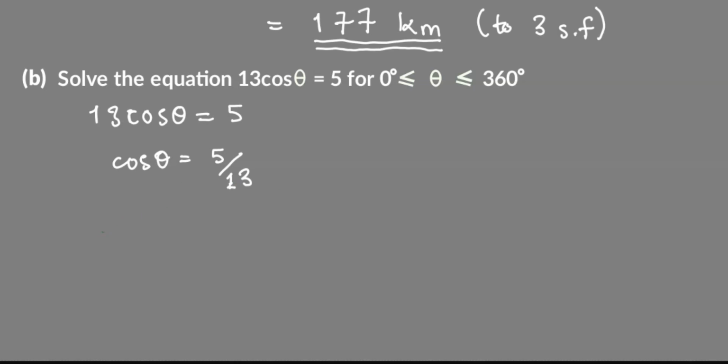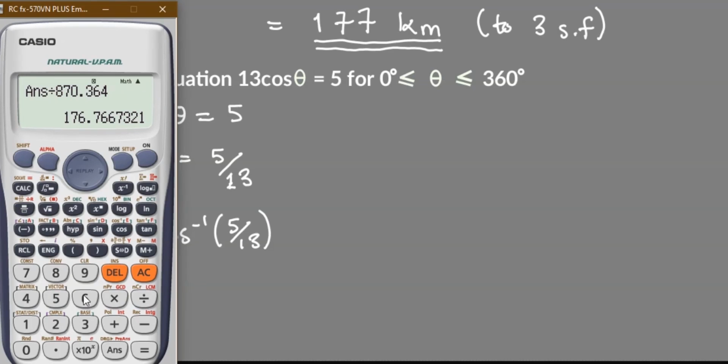Theta is going to be equal to cosine inverse of 5 over 13. We get our calculator, we are finding cosine inverse of 5 over 13. That's our angle, 67.38.